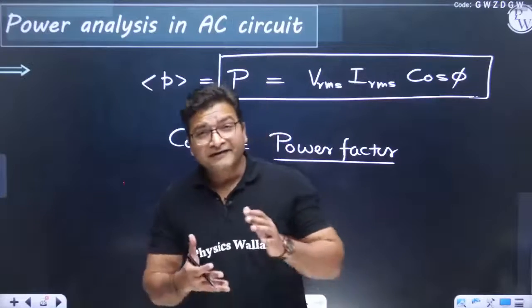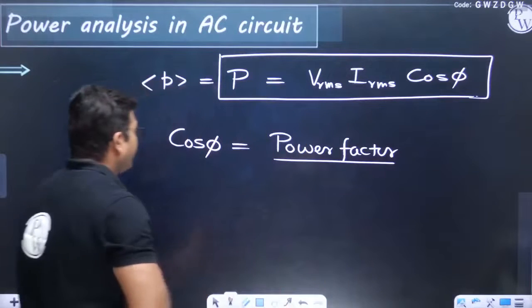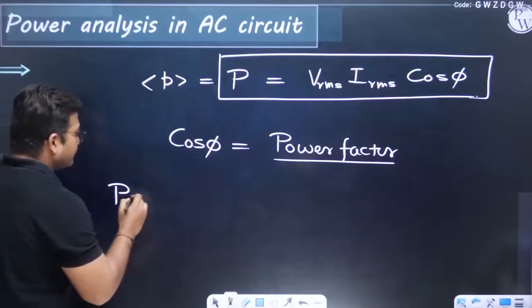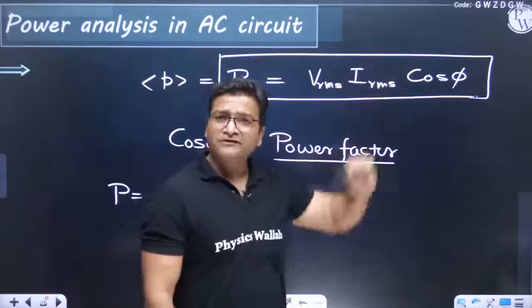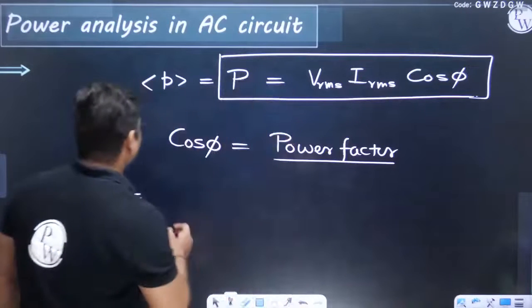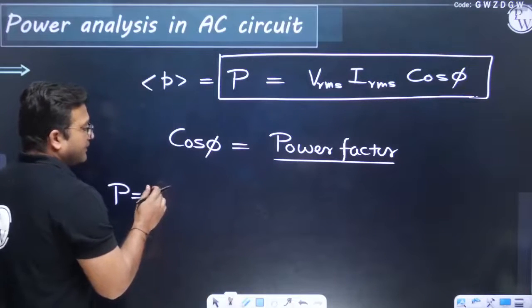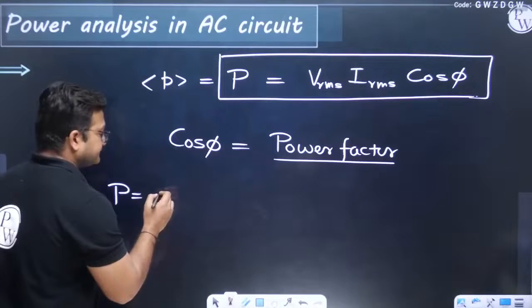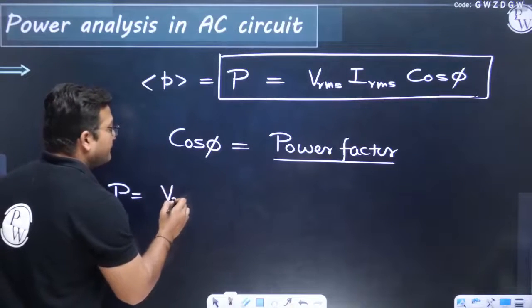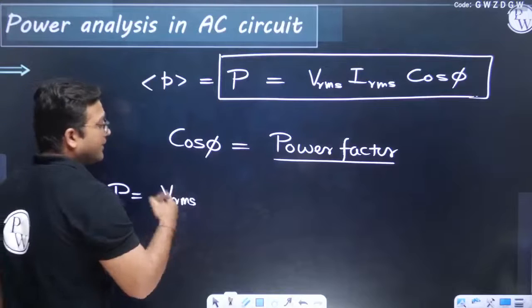Okay. Now we will revisit power a little bit. As power equals Vrms Irms cos phi, we can write it as Vrms Irms.